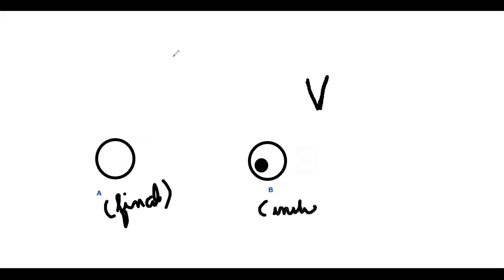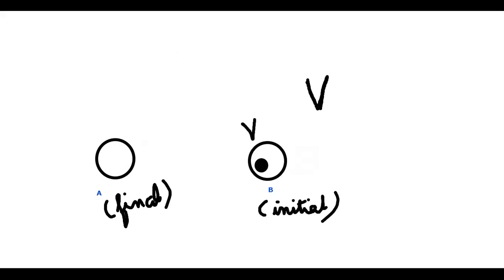Whenever we are talking about difference, difference is always final minus initial value. So we are going from B to A. That means the final destination is A. We are reaching A starting from B. So B is the initial value.